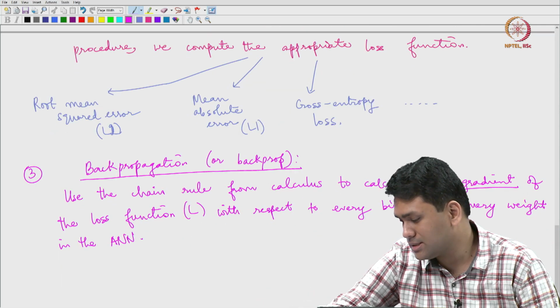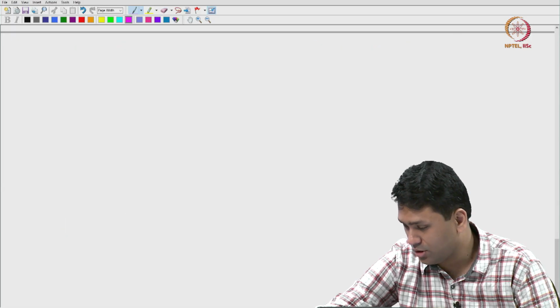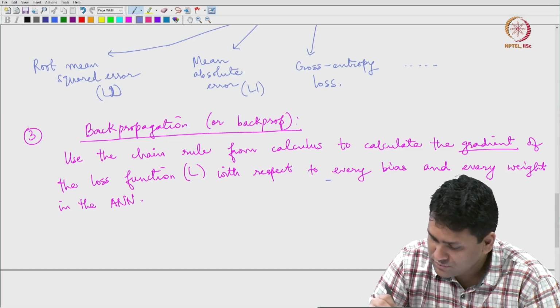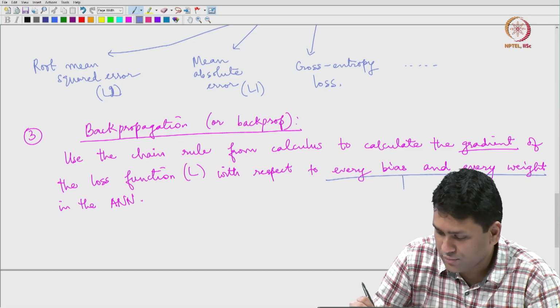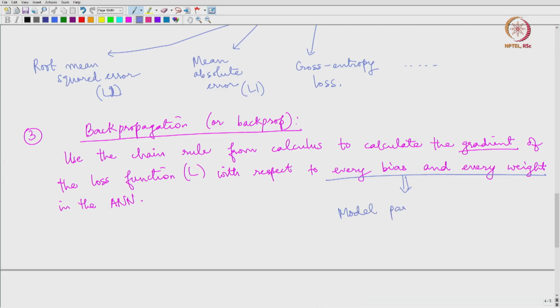And the reason for doing this is of course obvious, because these weights and biases together form the model parameters.